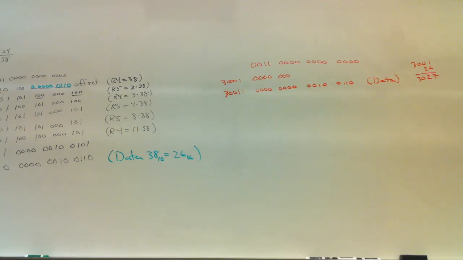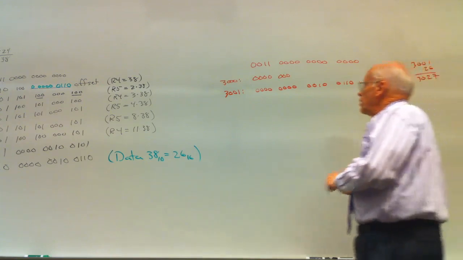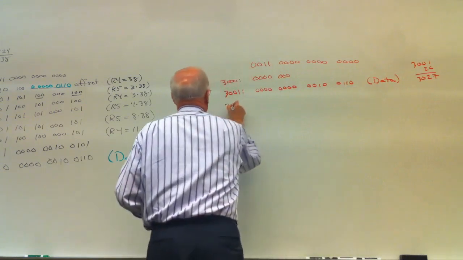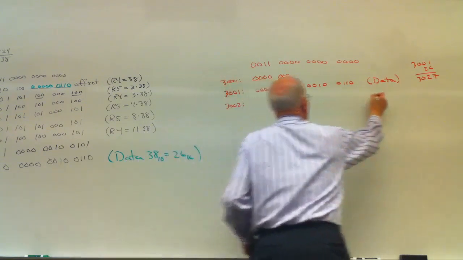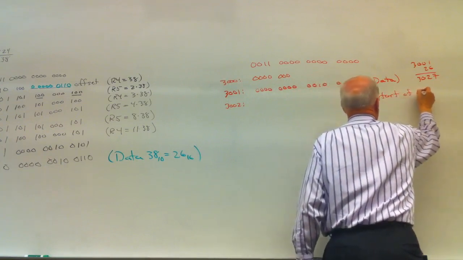It's a pure go-to. Now I've got a 9-bit offset. Where do I want to go? Well, I want to go down here. This is the actual start of my program.